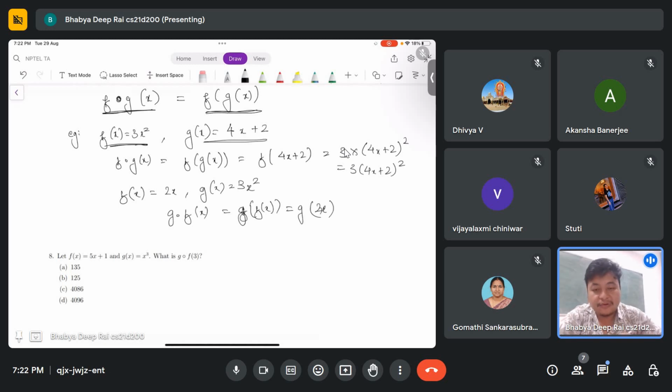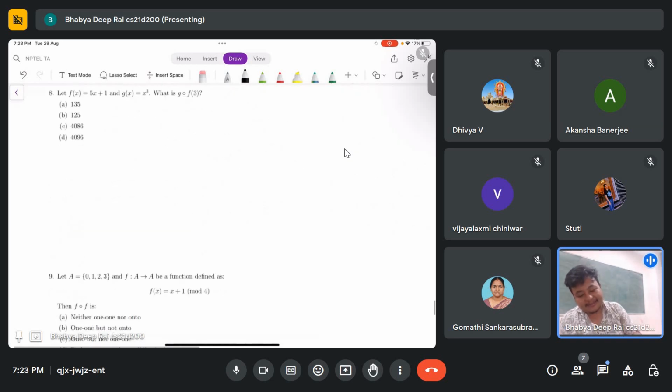So G of 2x, which is equal to, now I put 2x instead of x as the input here. So it is 3 times (2x) square, which is equal to 3 times 4x square, which is equal to 12x square. So composition of two functions will give me another function. I think these examples are enough.